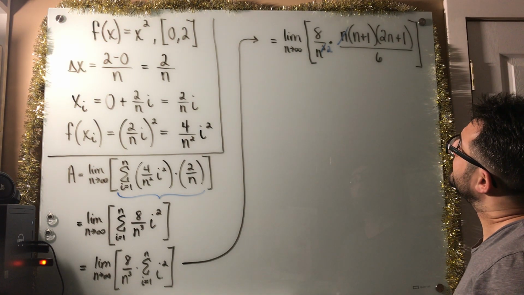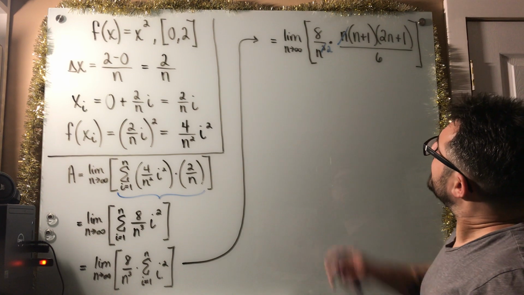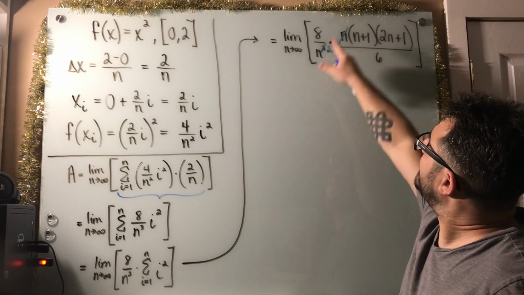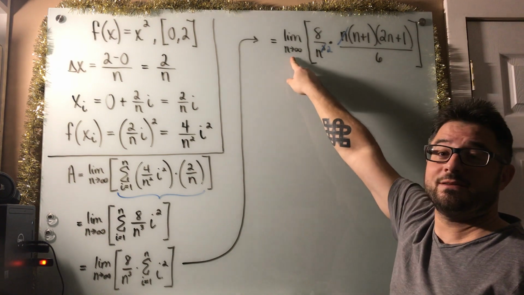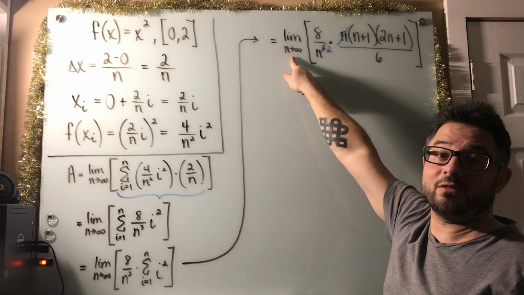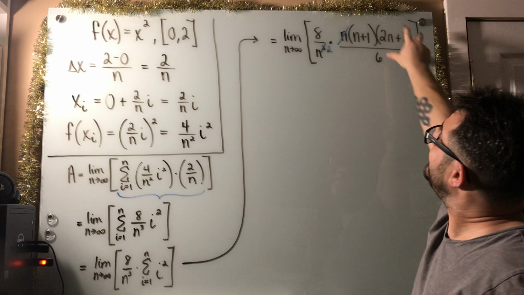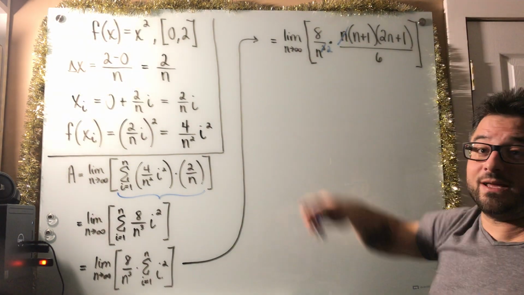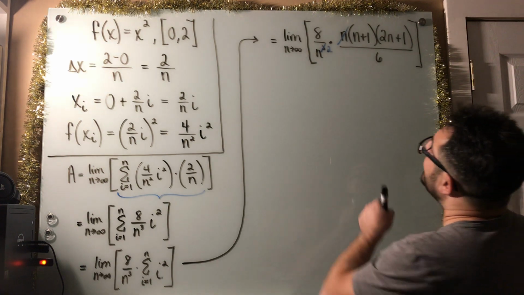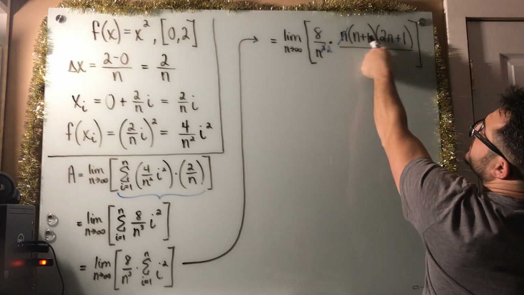Now, we can do a little bit to clean that up, which would probably be a good idea because we're about to do a limit. So if we can get this as clean as we can, it'll make handling the limit easier. So what we can do is FOIL out the numerator.